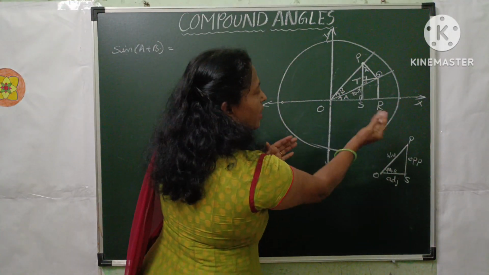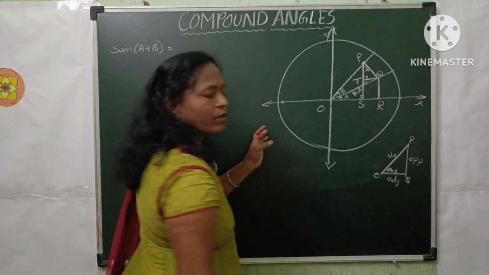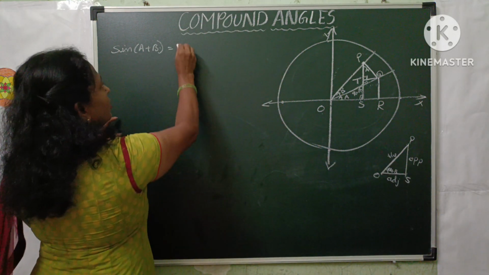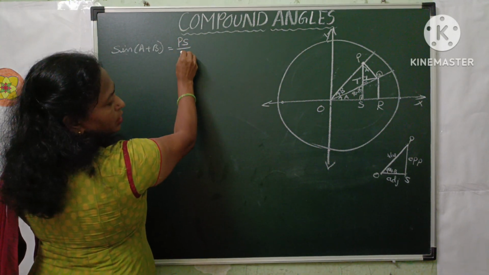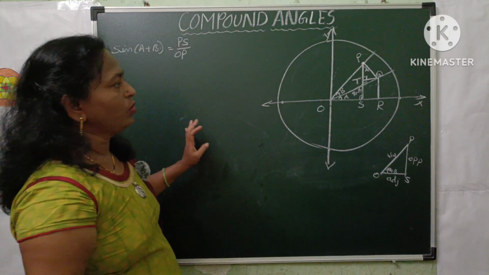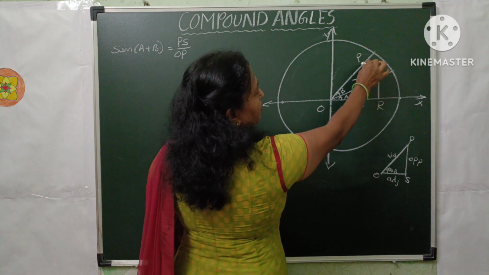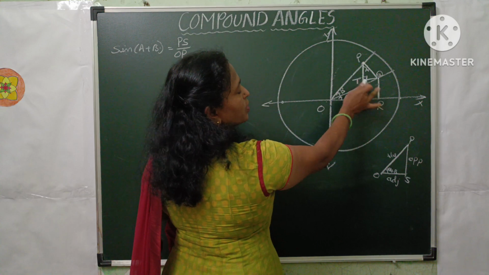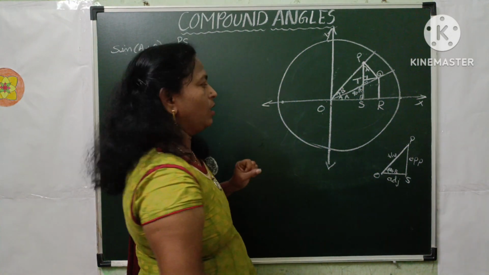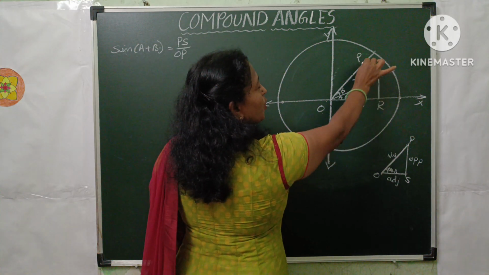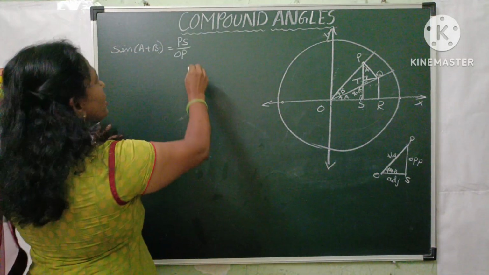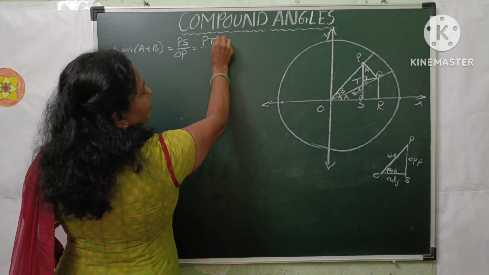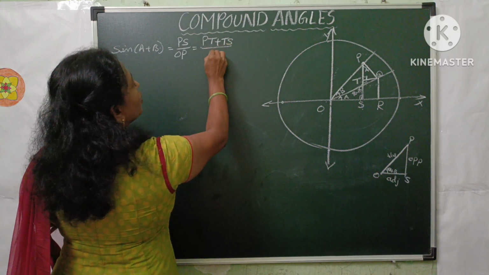In compound angles we have to split the triangles. So sin is PS by OP, opposite by hypotenuse, from the angle A plus B. Now PS is equal to PT plus TS, so that is PT plus TS by OP.